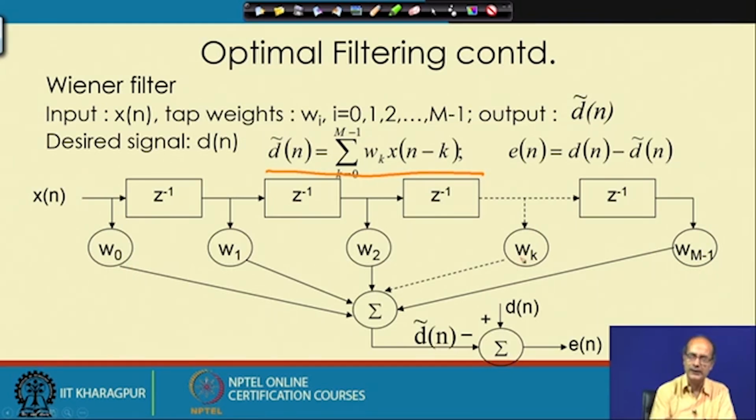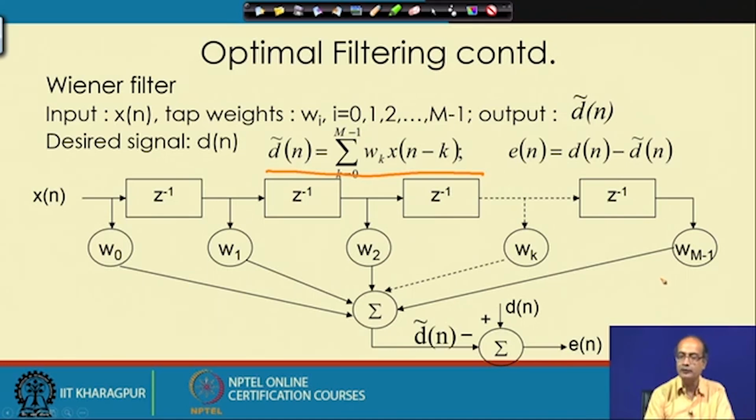What it suggests is that these weights are not varying with time, whereas x n is changing with time, the desired signal is changing with time, and the prediction of the desired signal is also changing with time.